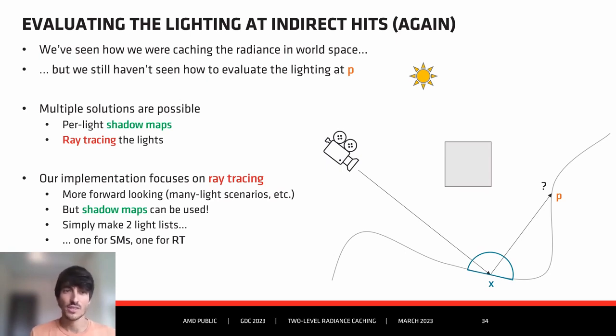Our implementation focuses on ray trace shadows because we think it's more forward-looking, possibly the right area for us to invest as a research team. But it's worth noting that this system is completely compatible with shadow maps if you have them and want to use them. A very easy way to combine both approaches is to simply make two light lists, one for shadow mapping, one for ray tracing, and add them up.